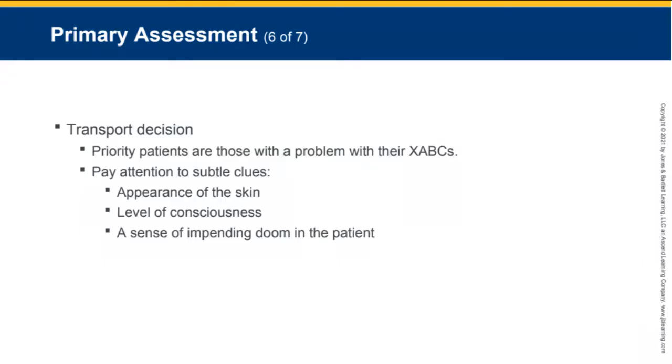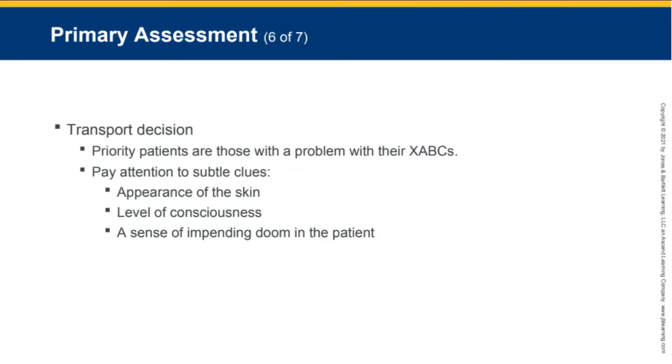Is this a patient that requires a rapid scan or a focused assessment? So do I need to do a rapid scan or a focused one? Is this a load and go patient or a stay and play patient? That comes after your ABCs.